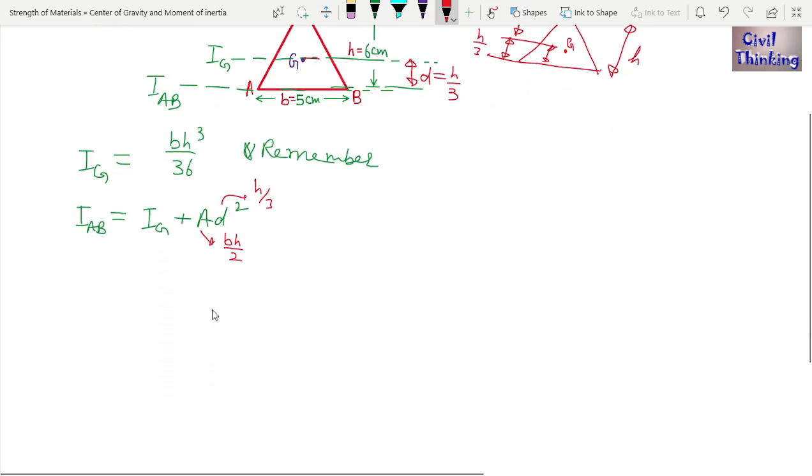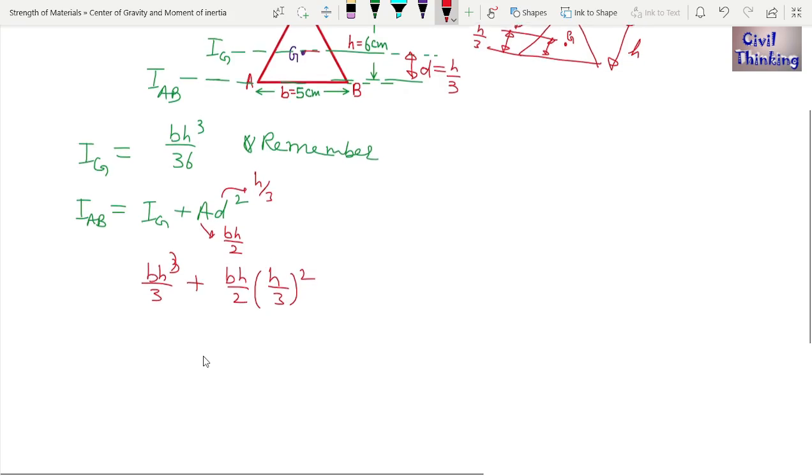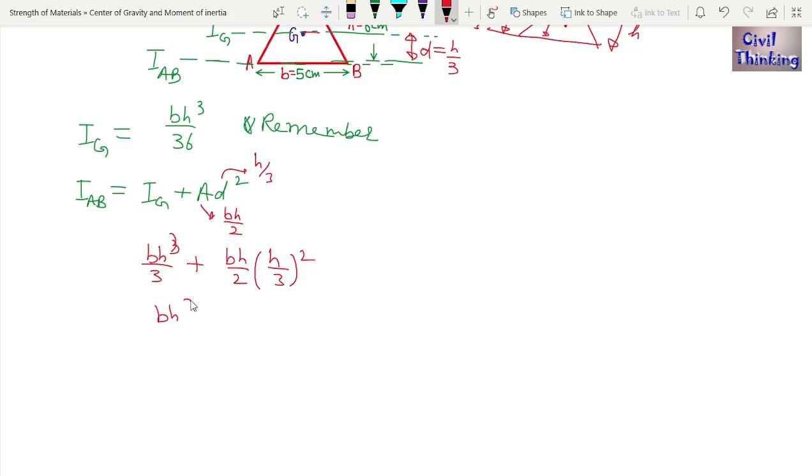Now we know IG is BH cube divided by 36, not 3, plus the area BH by 2, times D squared, D is H by 3, squared.